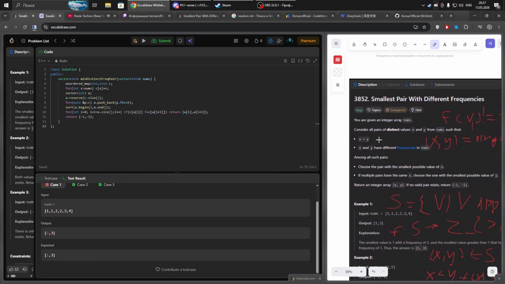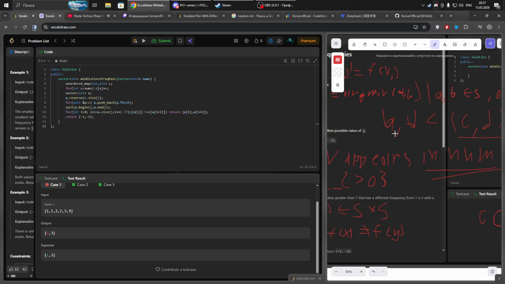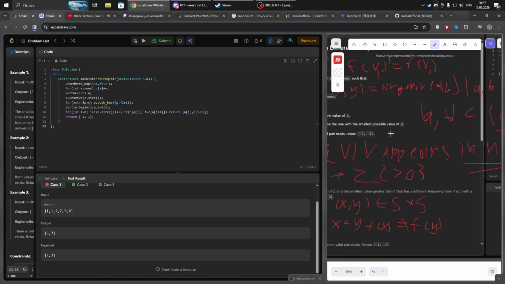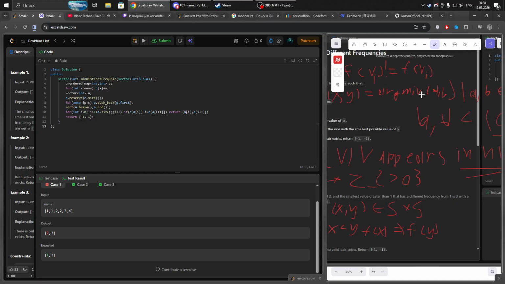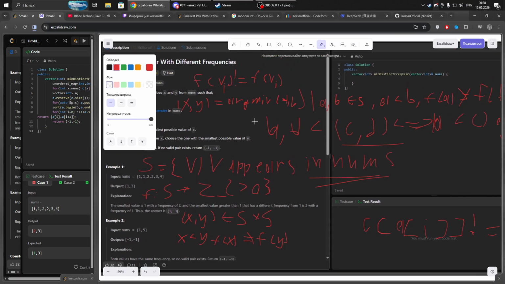Alright, so output 2 3, expected 1 3. So then use the alternative. It's counts of frequencies.